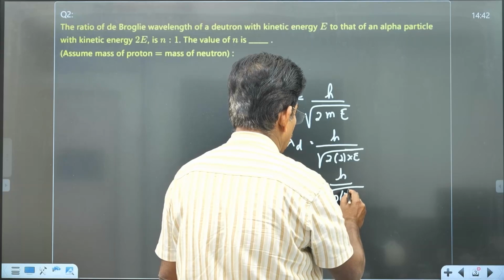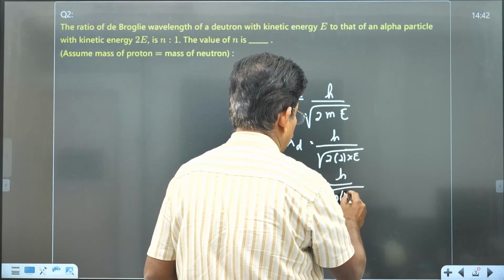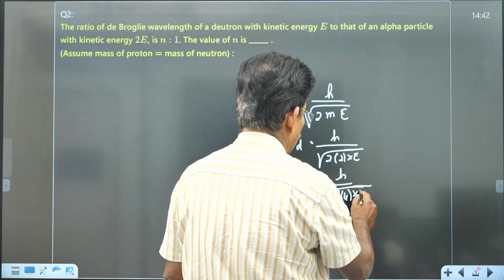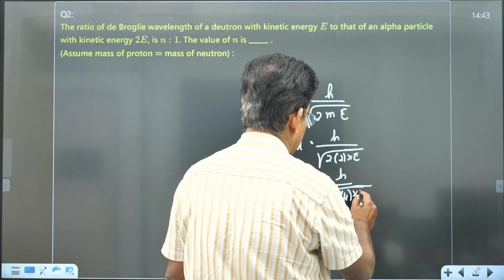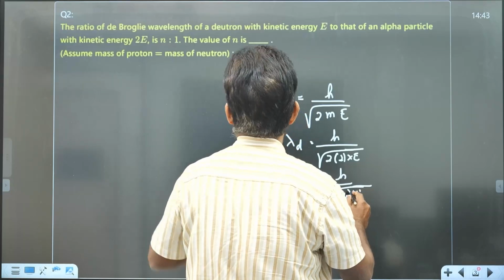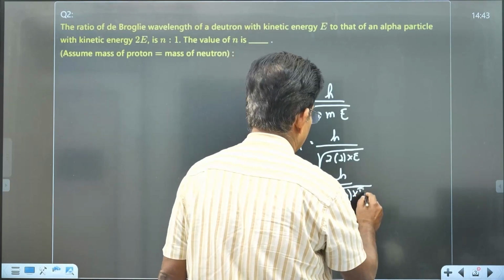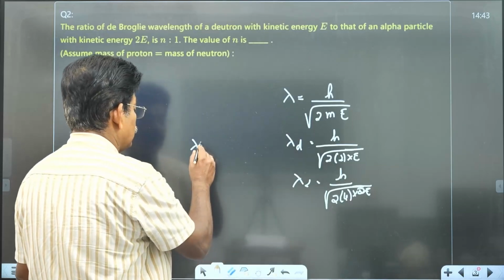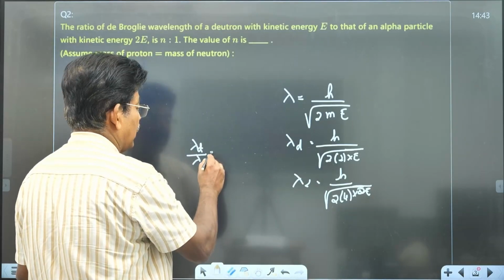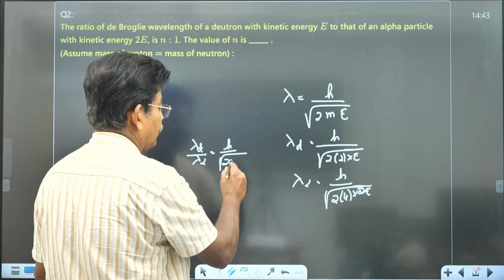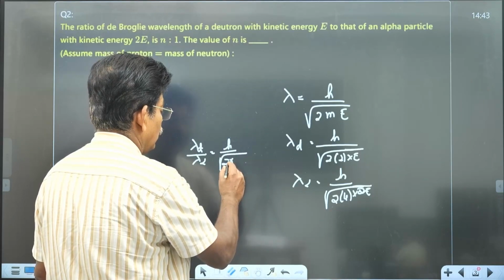M is 4, I am writing 4 only because we are comparing. Energy is given to be how many? 2E.